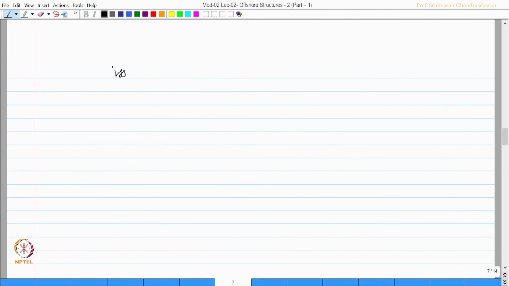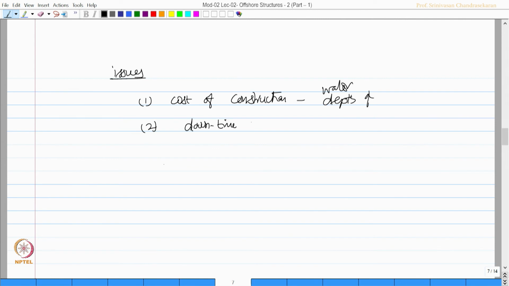So, with this geometric configuration, there are some issues. One, cost of construction. Two, when you increase the water depth. Two, downtime for commissioning the platform. That is, such platforms like GBS take many years to construct.